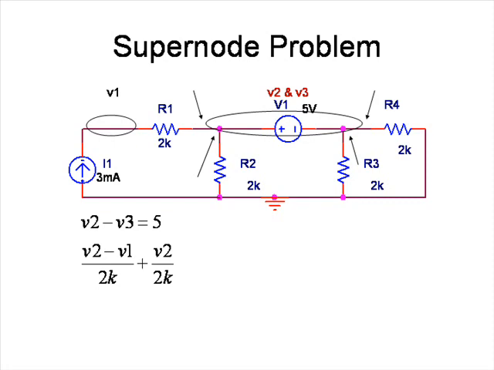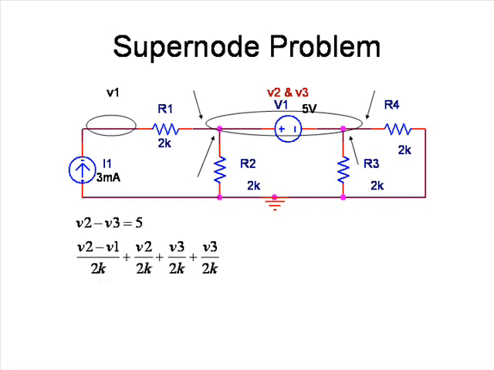As you can see here, these are the 2 nodes on the V2 side. Now we'll do the 2 nodes on the V3 side. So we will add them in, V3 over 2K and V3 over 2K. Since they're the same thing, we're going to combine them and we'll make it equal 0. Alright, that takes care of that part.